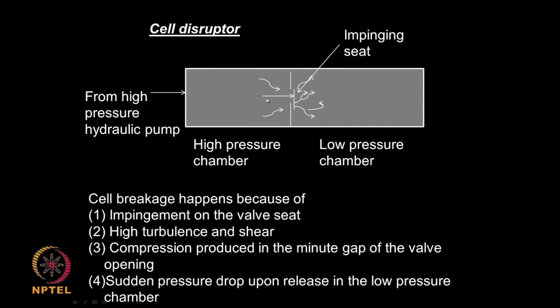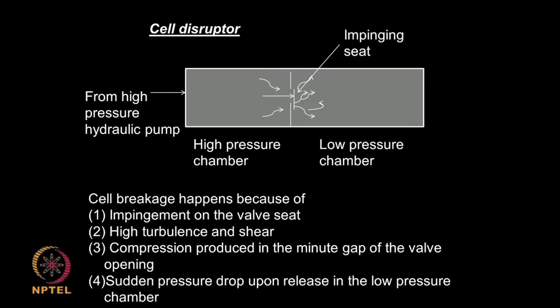The cells hit that valve seat. So many things happen: the cells hit the valve seat, the cells move from very high pressure to low pressure, and there is a lot of turbulence and shear produced because of the small nozzle, where compression is also taking place. Because of all these reasons, the cells rupture, and the intracellular material is liberated.